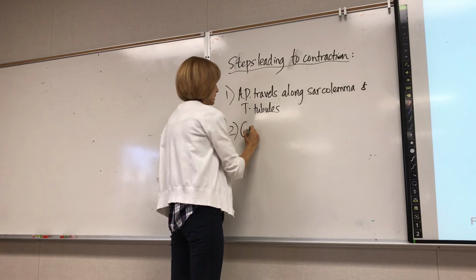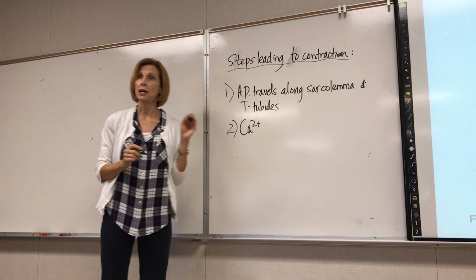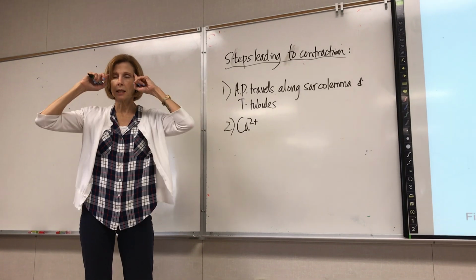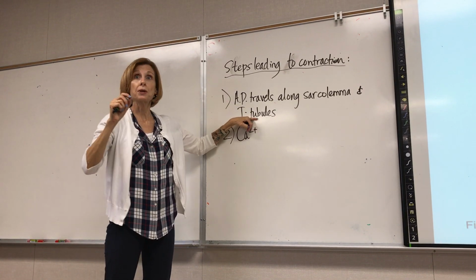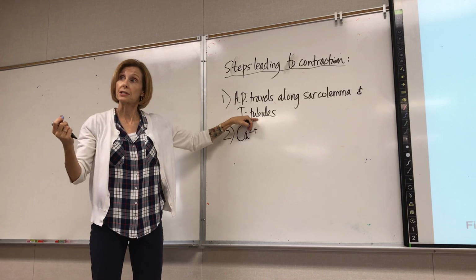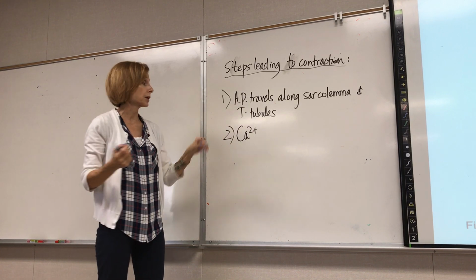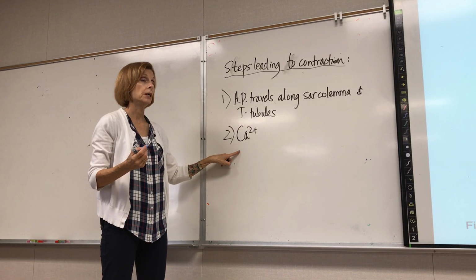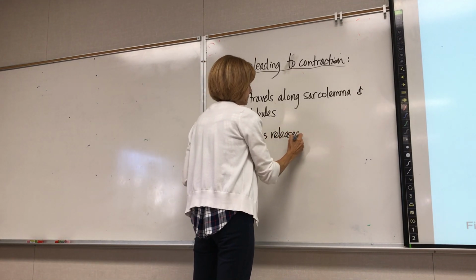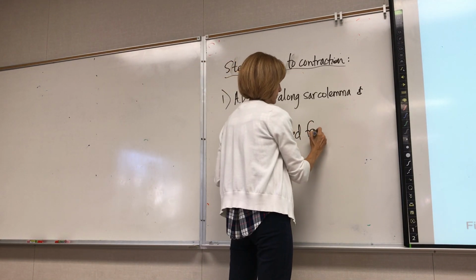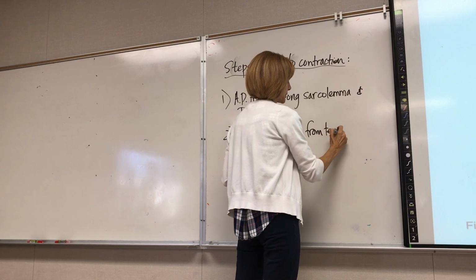Calcium is released. If you get stuck trying to remember parts of this, think about the structure of the muscle cell. We know that T-tubules are located between the terminal cisterns. Terminal cisterns store calcium, okay? So calcium is released from the terminal cisterns.